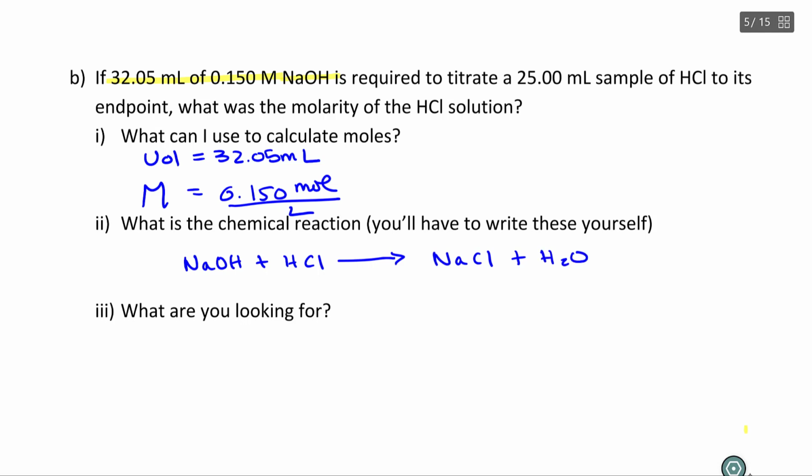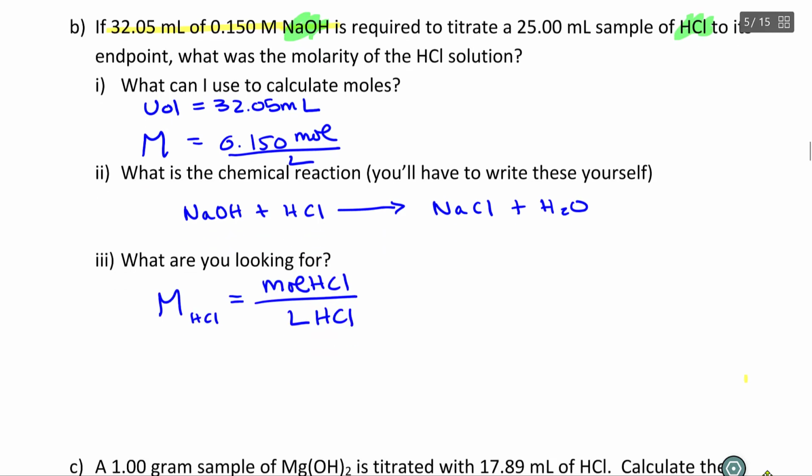So that's the balanced reaction, the acid-base reaction between these guys here. And then what are you looking for? What you're looking for is the molarity of the HCl. So what do you need to know? You need to know the moles of HCl per liter of HCl.